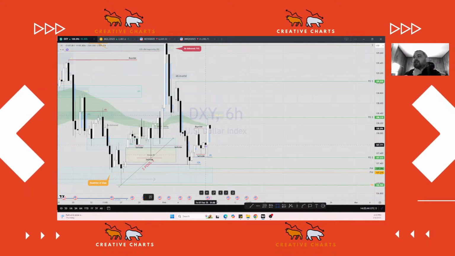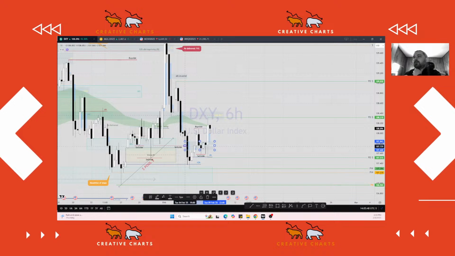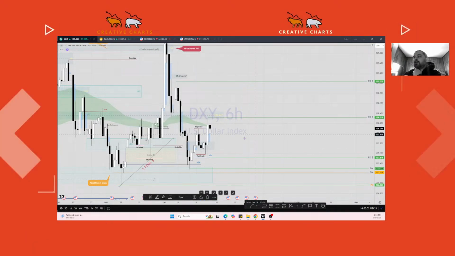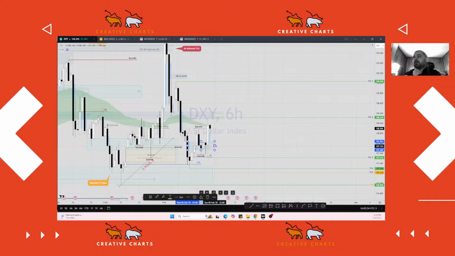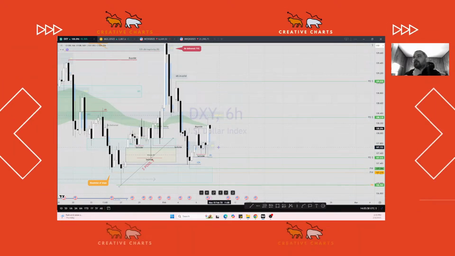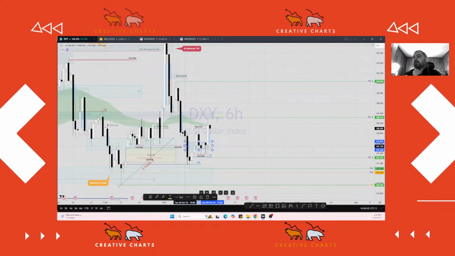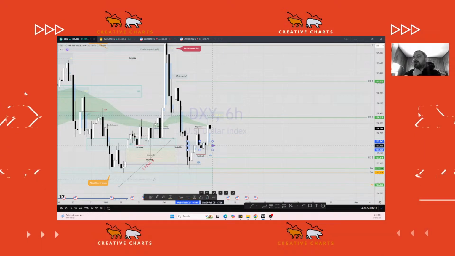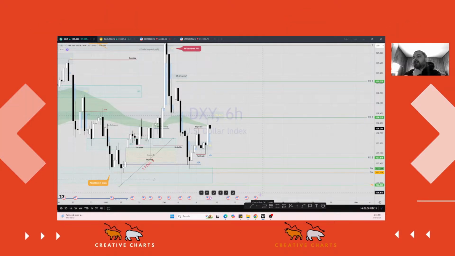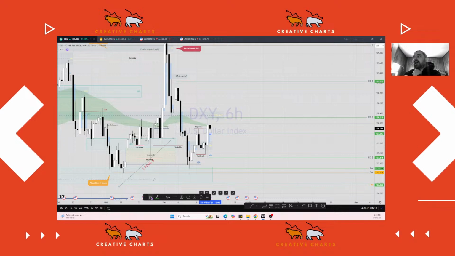We have a 6 hour inversion that also held price up. Followed by a 6 hour fair value gap, which will act like a draw on liquidity.